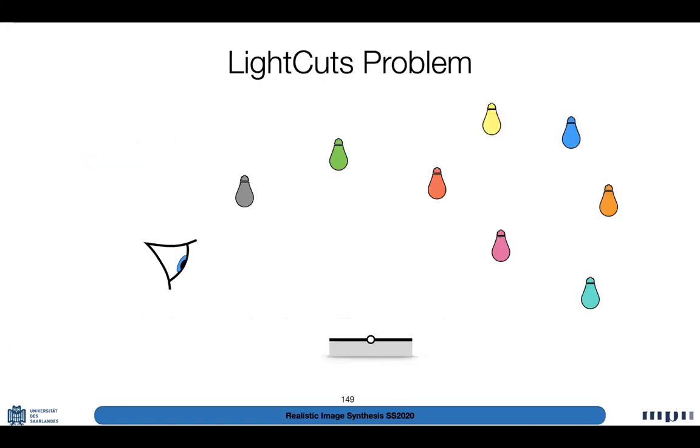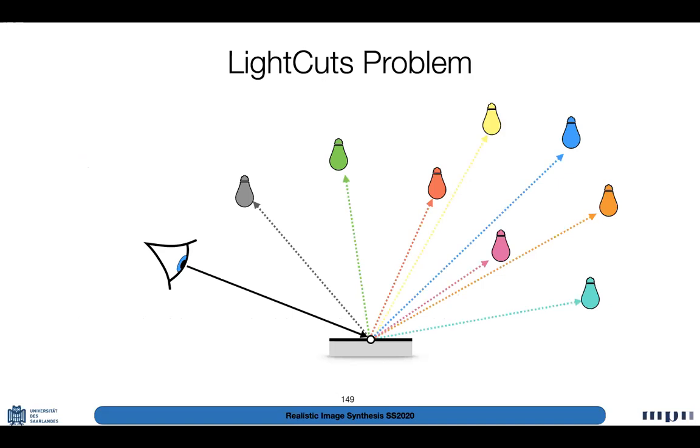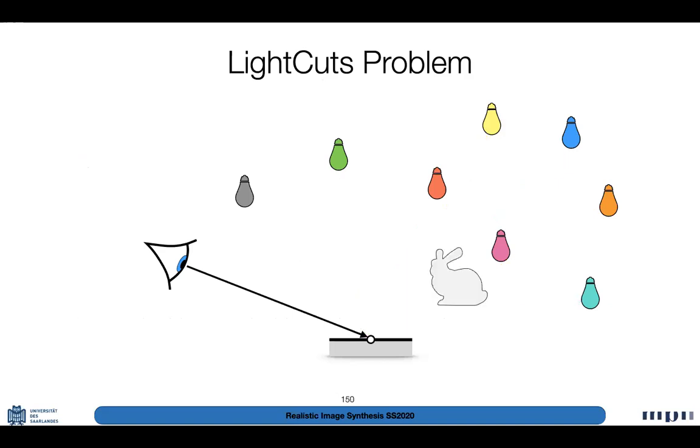So the way LightCuts work is that you have different light sources in your scene, and you want to shade this region. Given that you have the VPLs available, the brute force approach is that you connect to all the light sources. Even then, you need to be very careful.